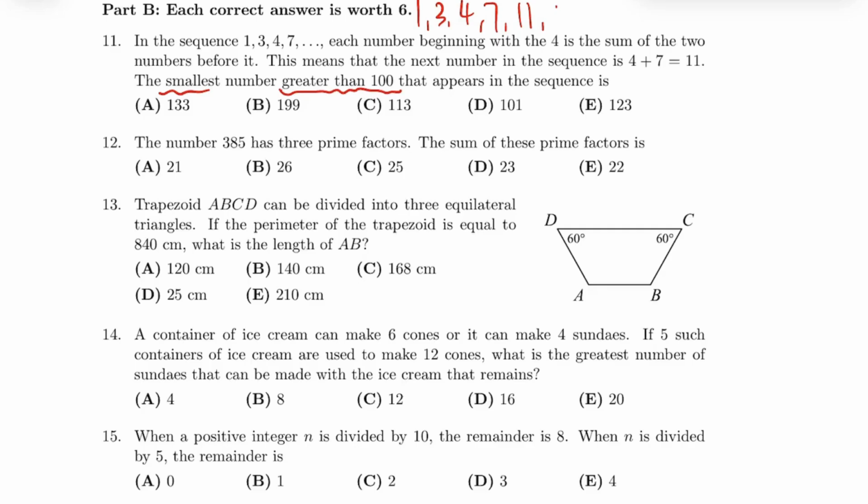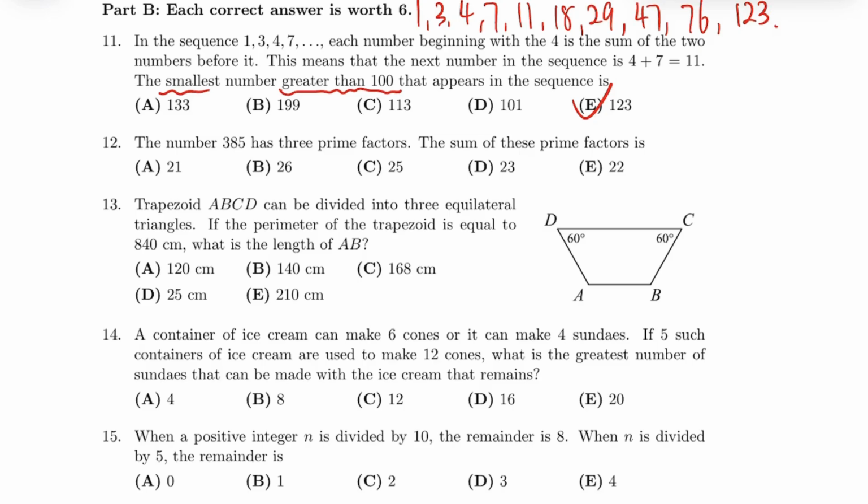Next will be 11 plus 7, 18. 18 plus 11, 29. 29 plus 18, 47. 47 plus 29, 76. 76 plus 47, 123. Okay, so the smallest number greater than 100 is 123.